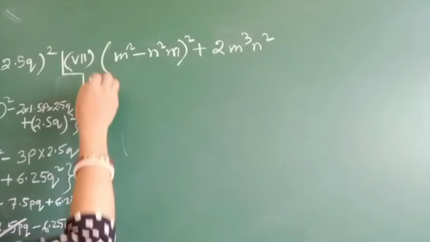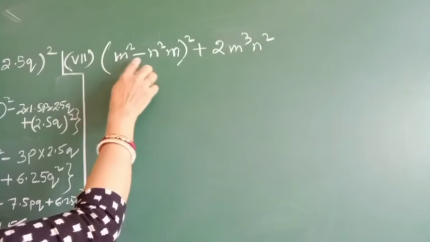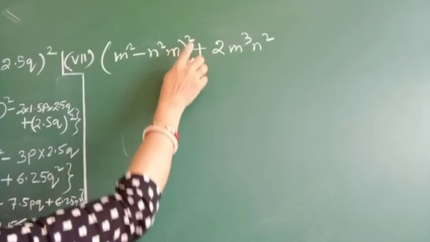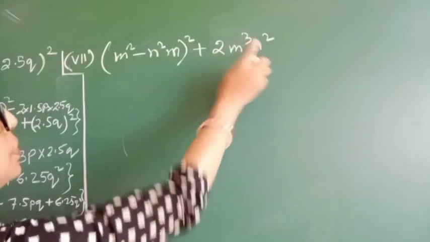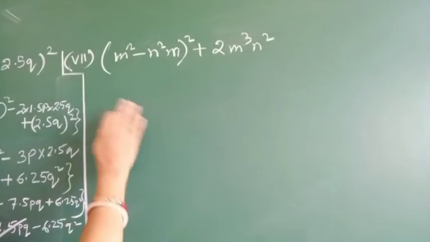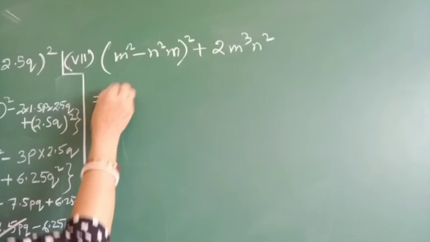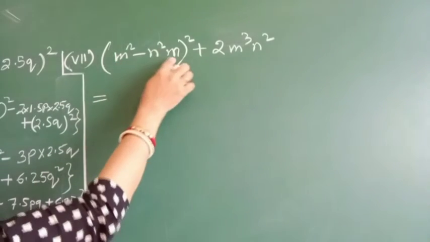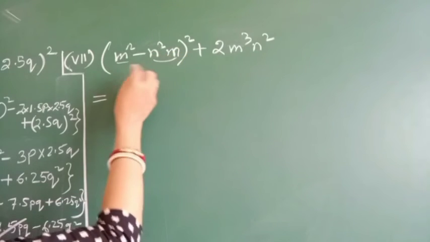Now question number 7. Here m square minus n square m whole square plus 2m cube n square. Simplification. So whatever is there, you will use identities and open this. m square is our a and this complete one is our b.